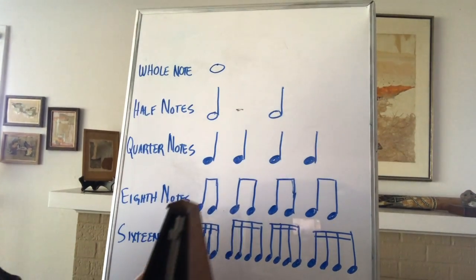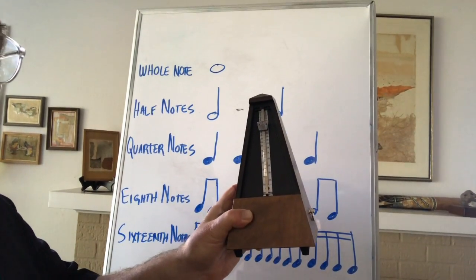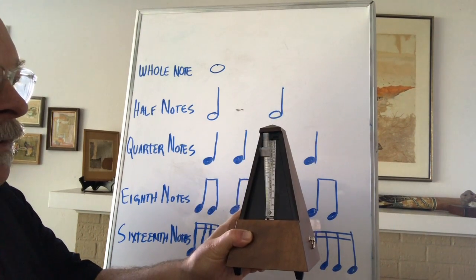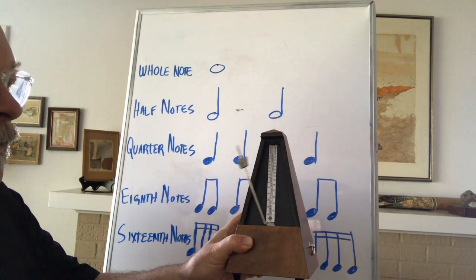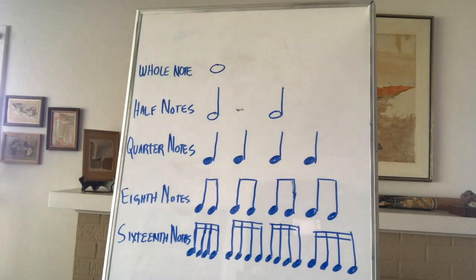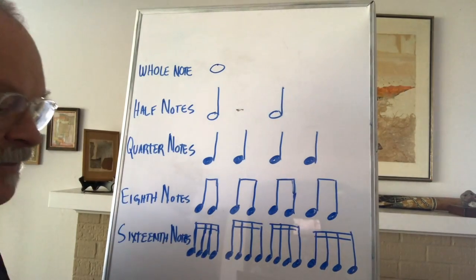And the thing that's going to keep our steady beat is our trusty metronome. I'll put it down here so it provides a bit of a more steady beat on a level surface.